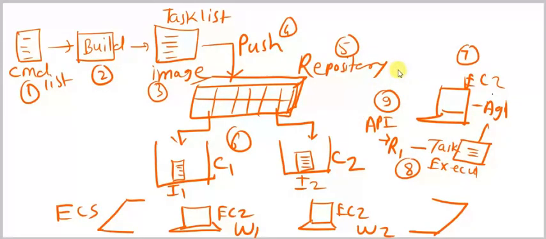This is how the ECS system works, which is actually a Docker system, but in AWS we call it the ECS system because the name of the repository is ECS repository. So this is a short introduction of how ECS, Elastic Container Service, works. In the next video we can learn more about each of the operations as shown here. Thank you.